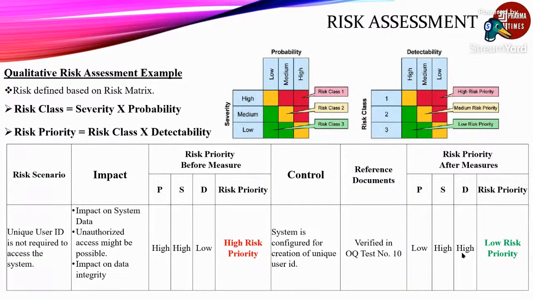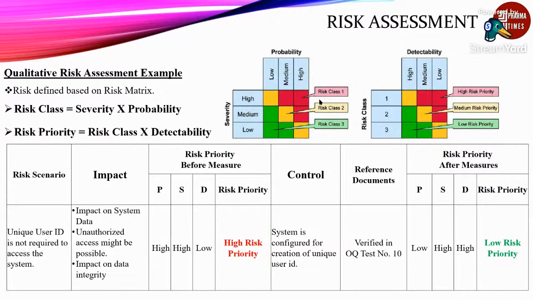After the control, I found that this type of control is available in that system. So detectability is high after the measures. Now I again define the risk priority based on this risk matrix. You can see in the first picture that if the probability is low and my severity is high, then my risk class is risk class 2.